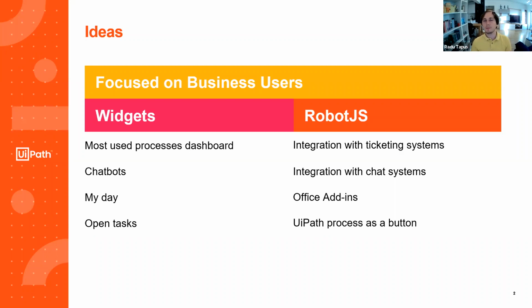Think about the possibility of onboarding employees. For example, you have to use Workday, right? Do you want to see how? Press this button. You press that button and then a UiPath process with callouts and forms and so on starts and shows you how to do it. So these are some basic ideas on what can be achieved with widgets and robot.js.